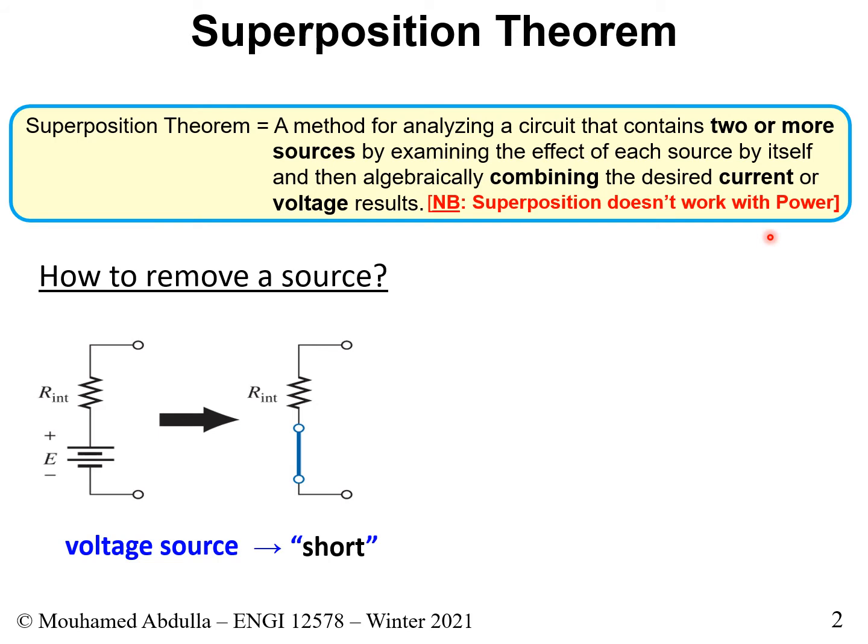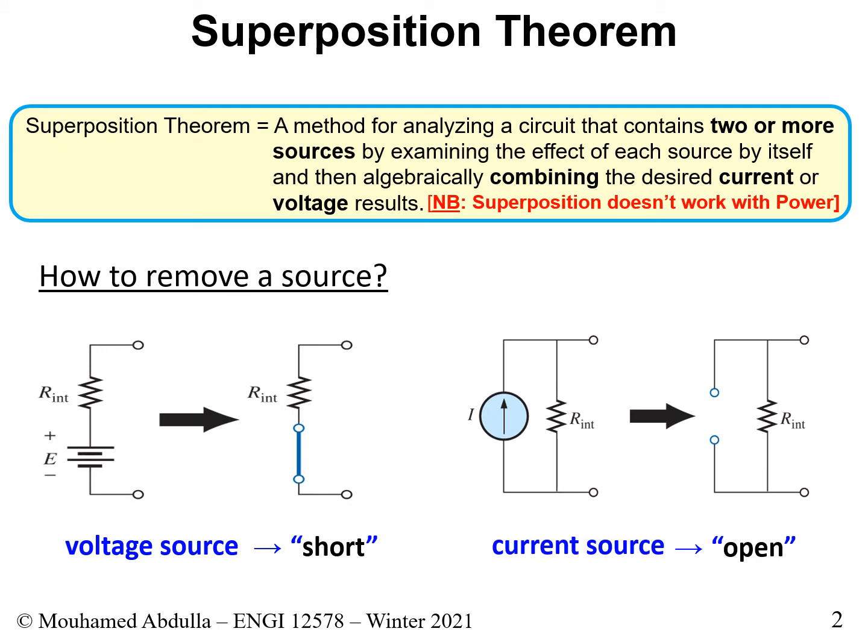When you apply superposition, you want to turn off or remove the remaining sources. Let's say you have a voltage source and you want to remove it: you replace it with a short circuit. If on the other hand you have a current source, you open that area. So you open the circuit when you have a current source.